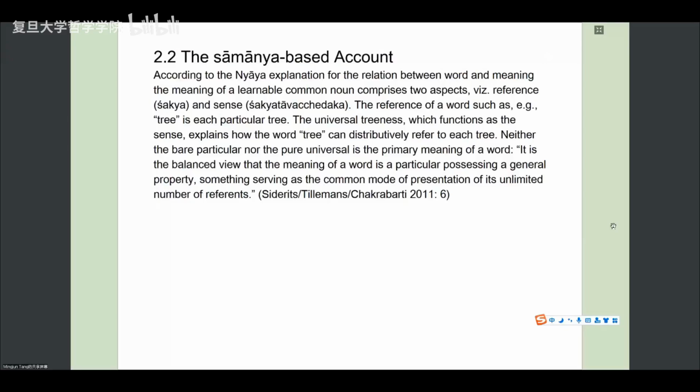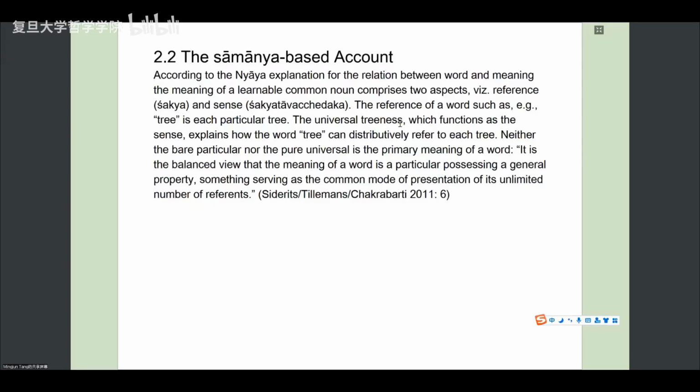Now we get the side of the story which is told by the Naiyayikas, the enemies of the Buddhists. They are realists, and they give us another picture. According to the Nyaya explanation for the relation between word and meaning, the meaning of a learnable common noun comprises two aspects, namely reference, shakya, and sense, shakyatavacchedaka. The reference of a word, such as, for example, tree, is each particular tree.